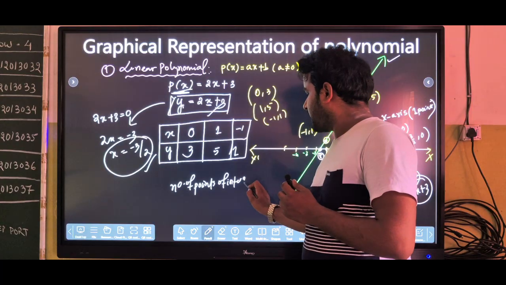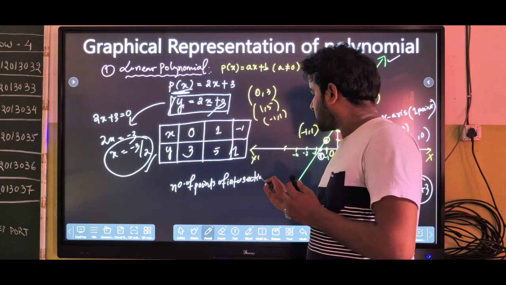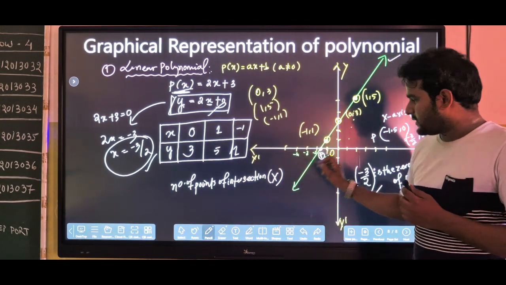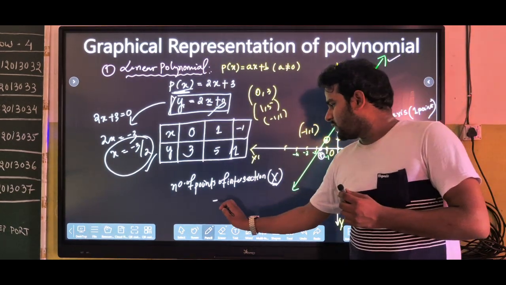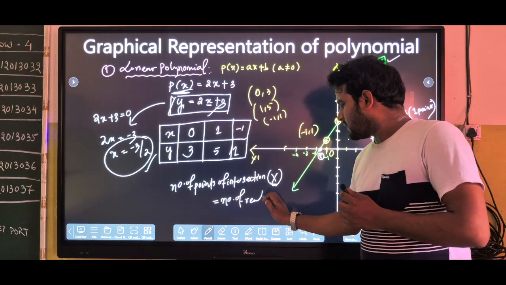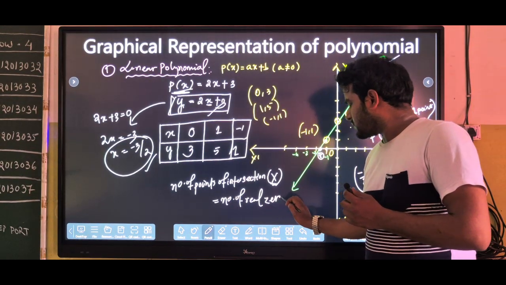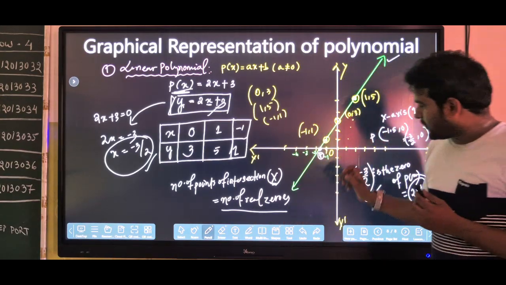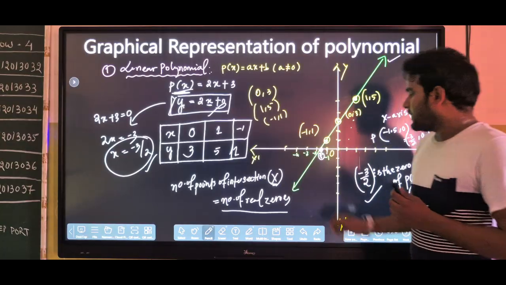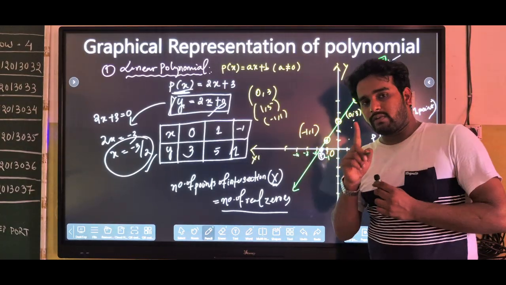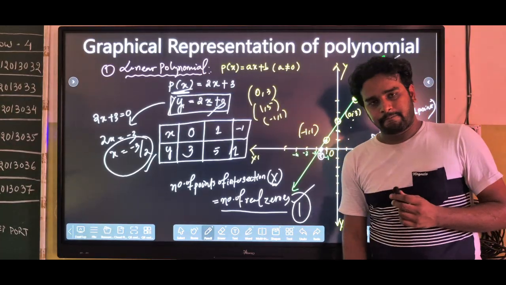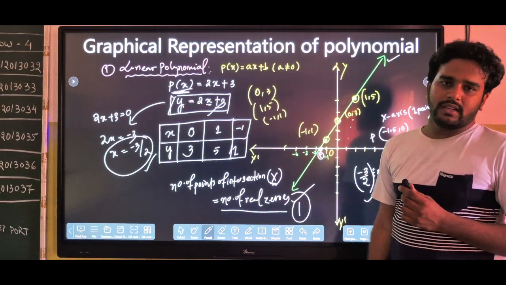It is intersecting which axis? The x-axis. The number of points of intersection on the x-axis is equal to the number of real zeros. Here it is intersecting the x-axis at only one point, so the number of real zeros is also 1. So this is all about the linear polynomial.